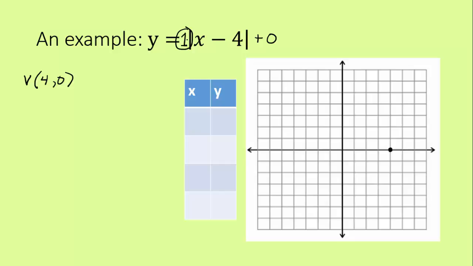So we can plug in values, or we can use that ratio to find some points. It should go like this, and it should go in the negative direction, like that. Well, let's plug in a couple and see if we're right, just to verify that. How about if we try plugging in 2 and also 6? All right, we should get 2 for both of these. Let's try it.